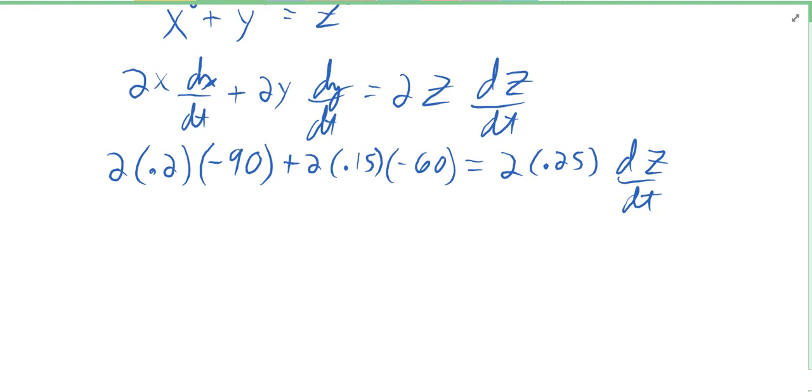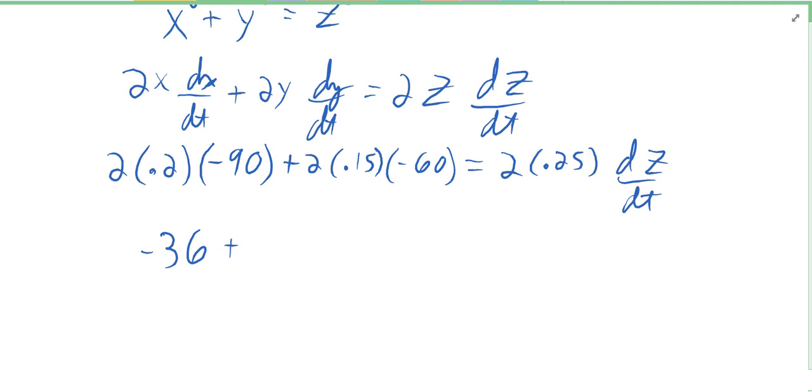Okay. So 0.2 times negative 90 is, you can multiply this out, but that's going to be negative 18. And then times another 2 is negative 36. Plus 60 times 0.15, what is that? 9.